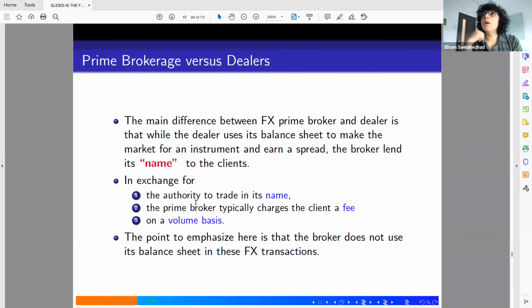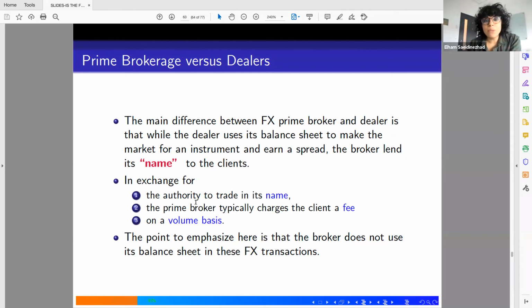But this is not the way the prime brokerage firm functions. A prime broker is not going to use its own balance sheet. It's only going to use its own name, which means that if a trader wants to get rid of his position and there is no potential buyer, then the prime broker has to offer higher prices.